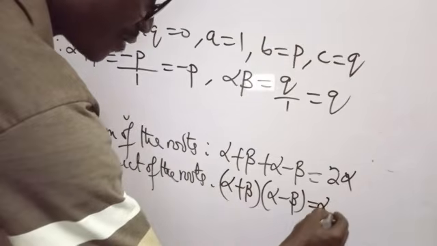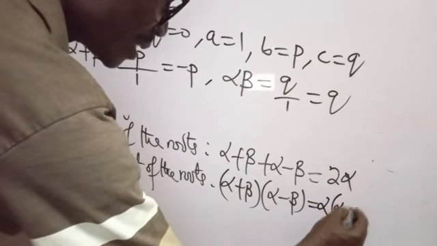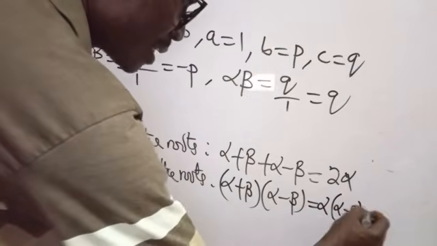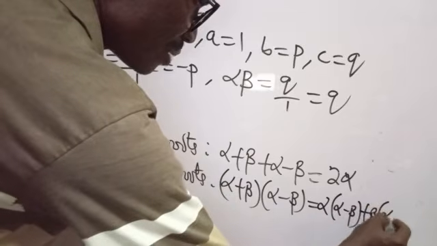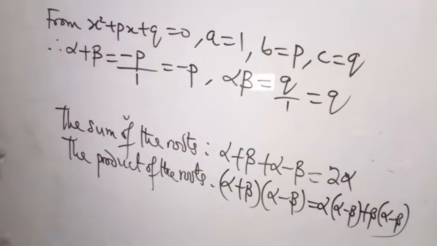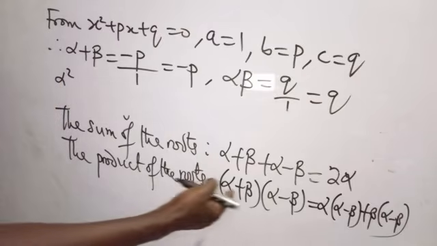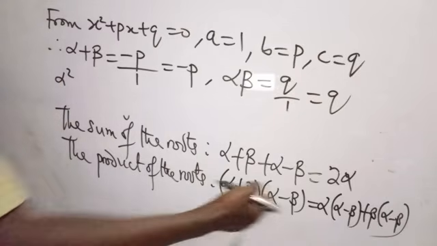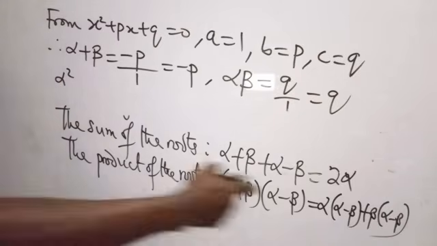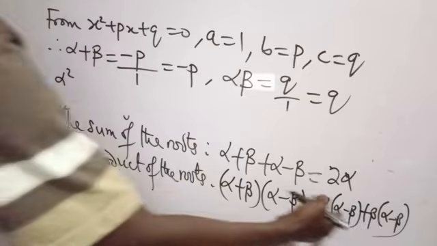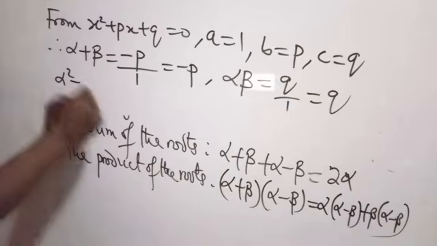That will be alpha into alpha minus beta, then plus beta into alpha minus beta. What will it give us? Actually, without wasting our time, this is going to give us a difference of two squares, but let's expand it so that we'll understand it well.